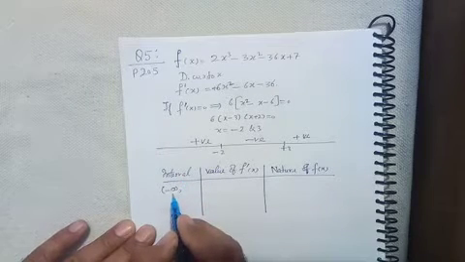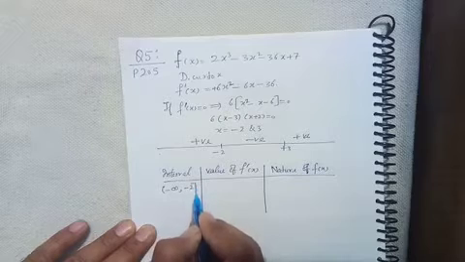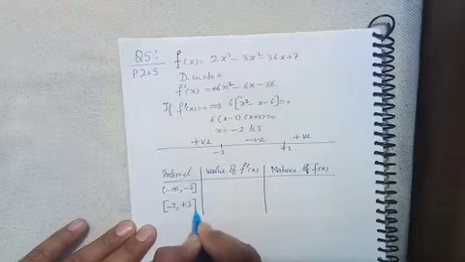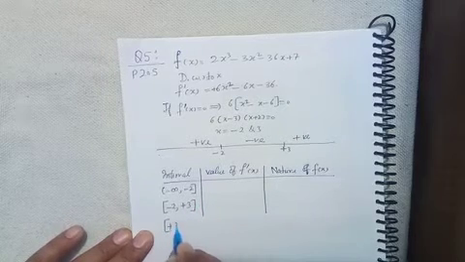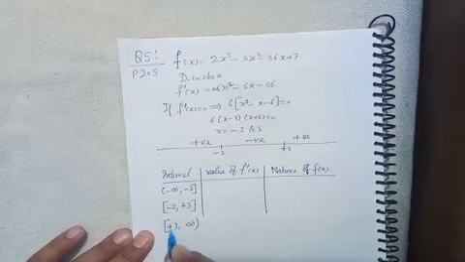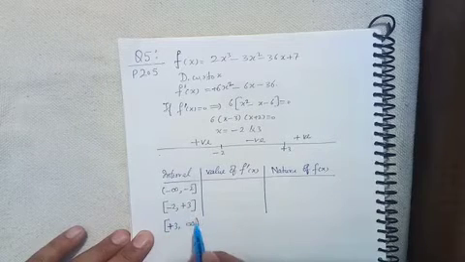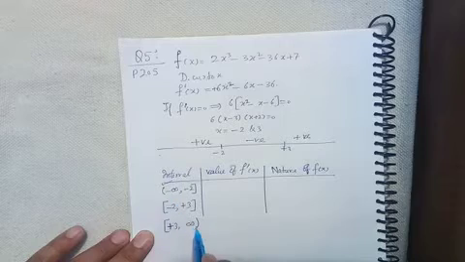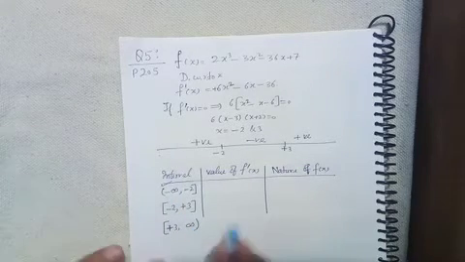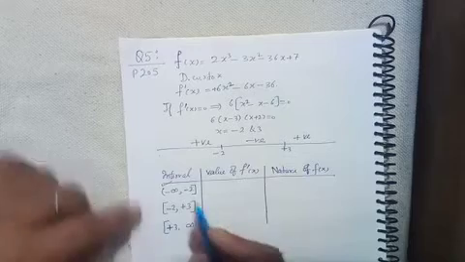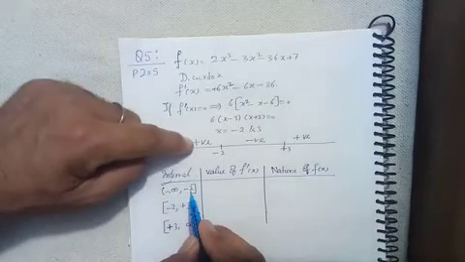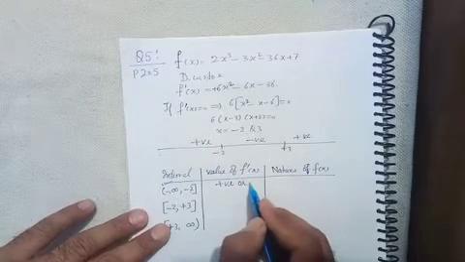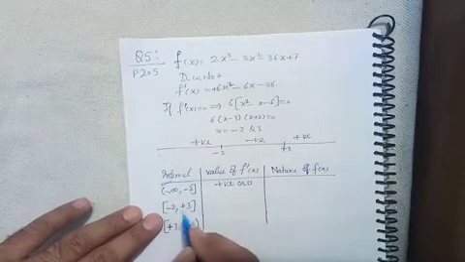So minus infinity to minus 2, next is minus 2 to plus 3, and last is plus 3 to plus infinity. At plus infinity and minus infinity, it will always be open interval, as plus infinity and minus infinity are not real numbers. Now in the interval minus infinity to minus 2, f dash x is positive or 0.